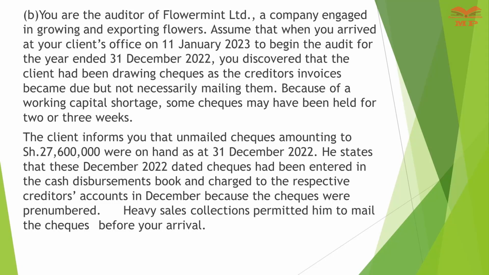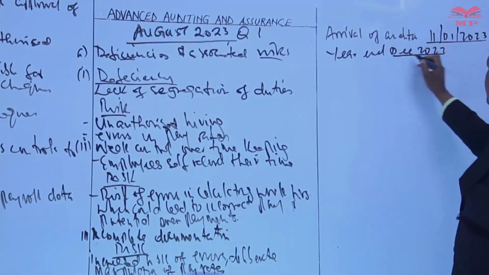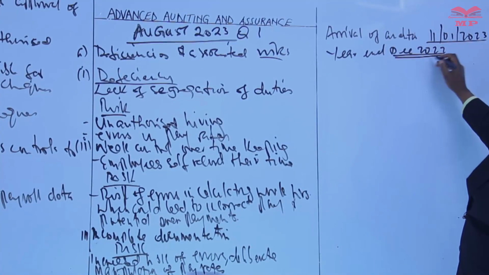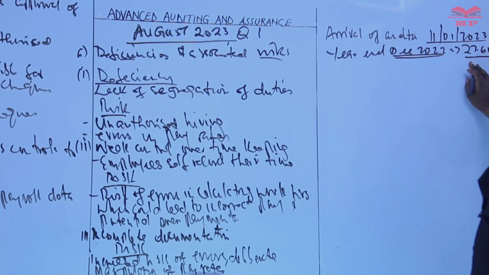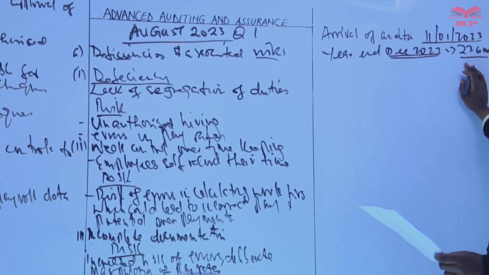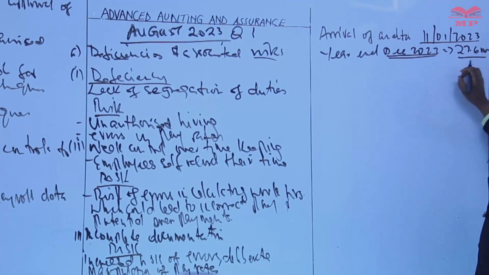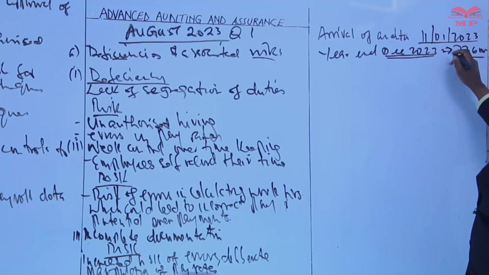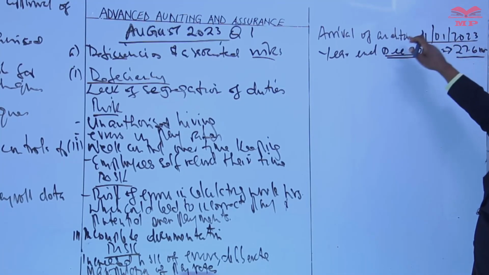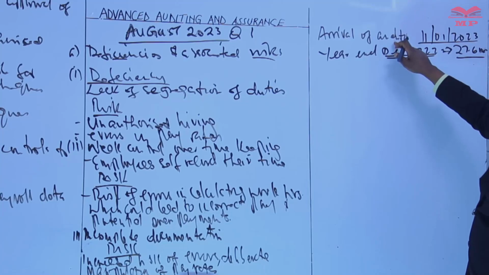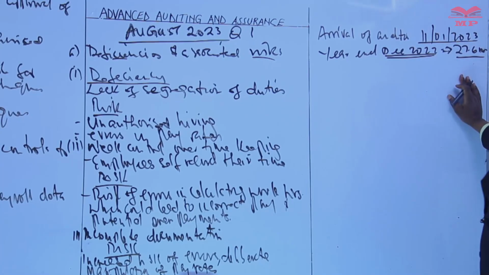So at this date, the end of this accounting period, we have 27.6 million shillings worth of checks. So the checks have been drawn. They are still within the company, but the creditors' accounts have been debited.